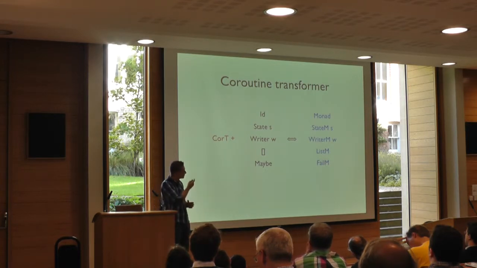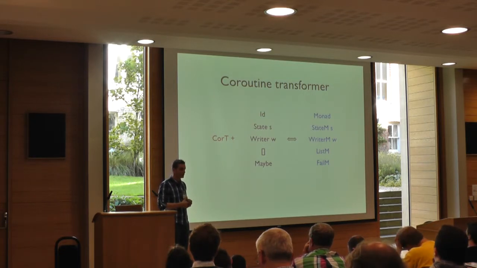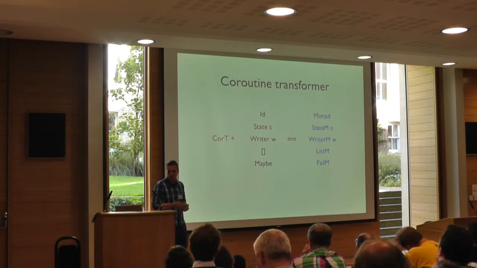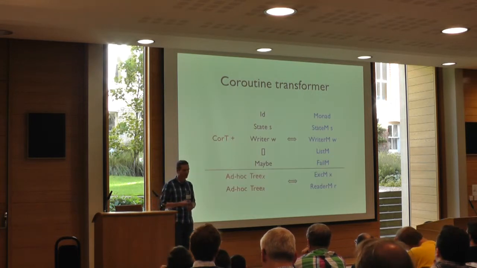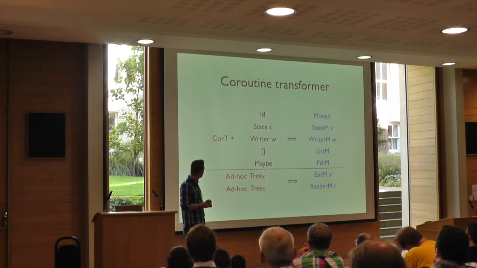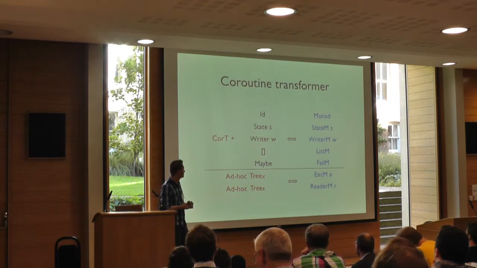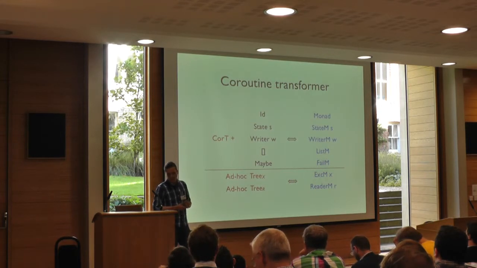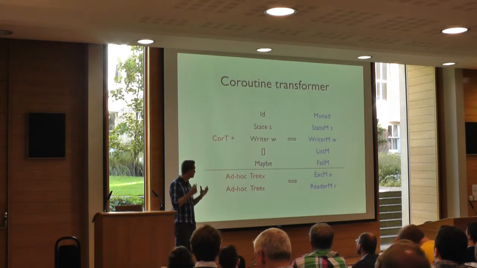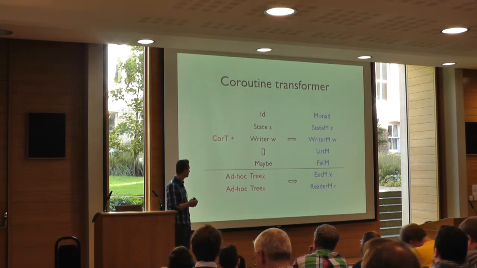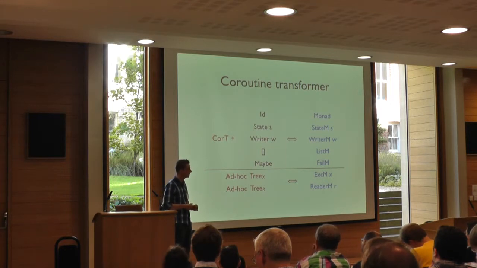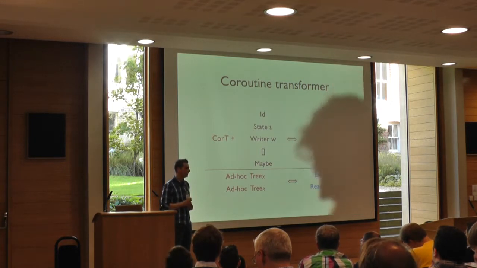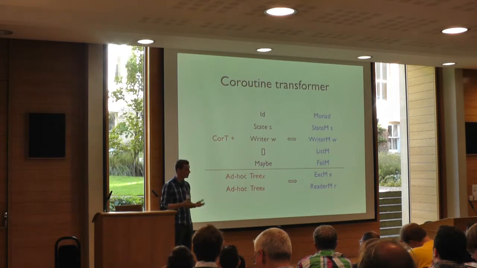So we get strategy trees which work for the monadic constraints on the right. Unfortunately, this does not work for all constraints. For the exception and reader monad constraints, the strategy tree representation we get is unfortunately not the one we would like to have. So the semantics doesn't really follow. However, you can define ad hoc definitions for those and use them.